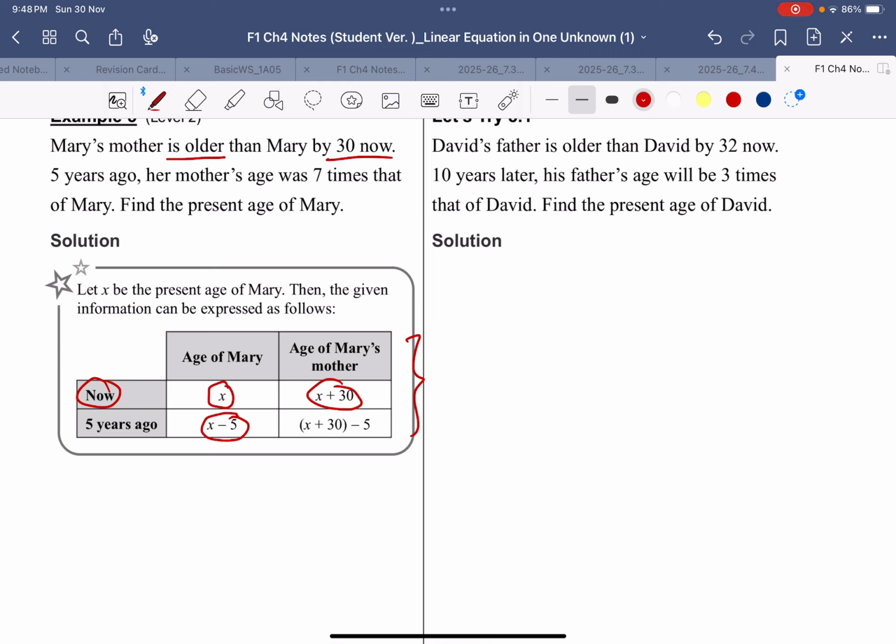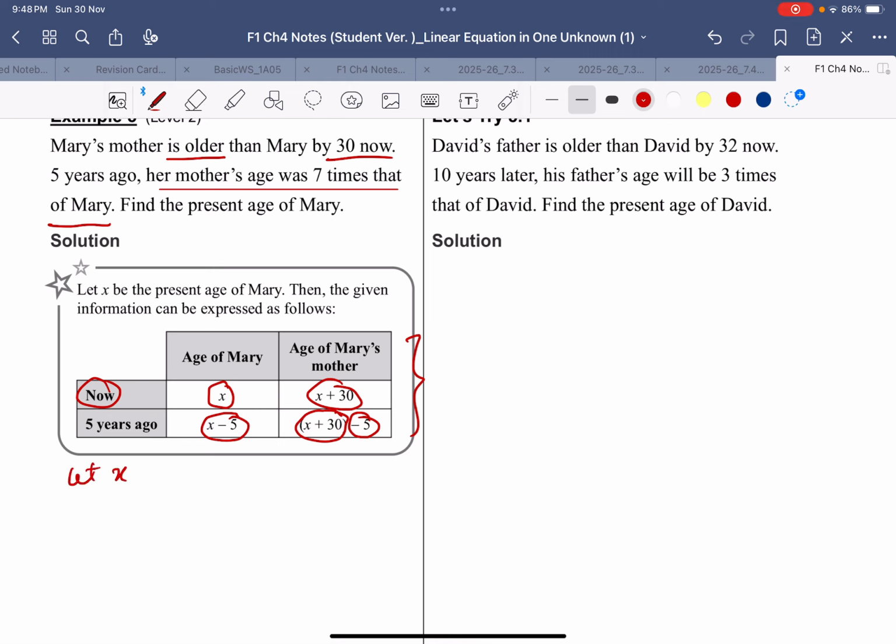And the age of Mary's mother is her present age minus 5. Don't miss out the plus 30 here. According to this, her mother's age was 7 times that of Mary 5 years ago. So, how to set up the equation?